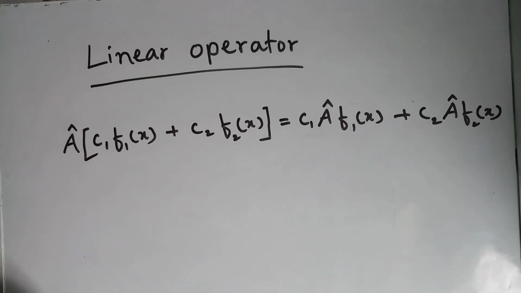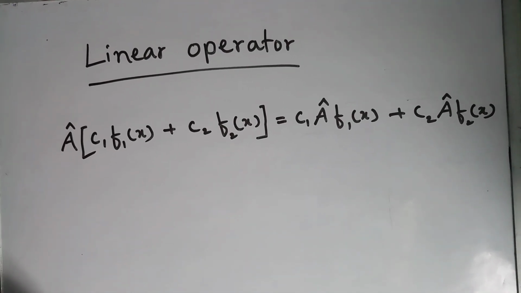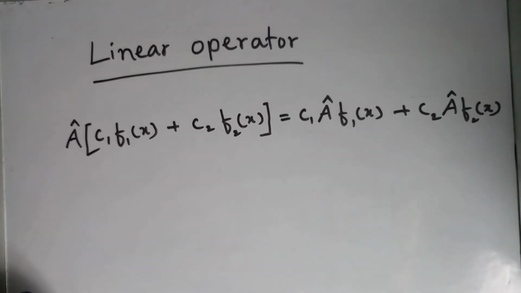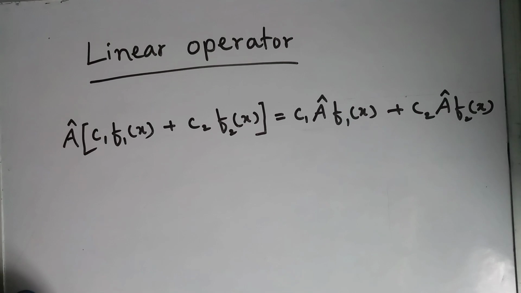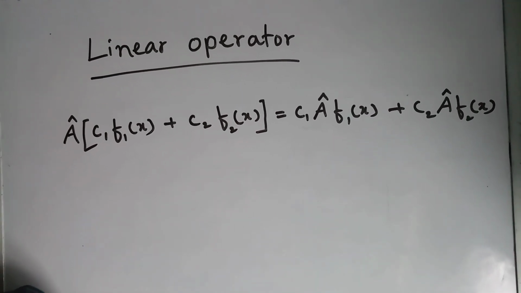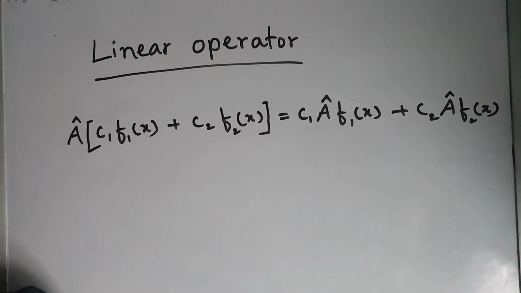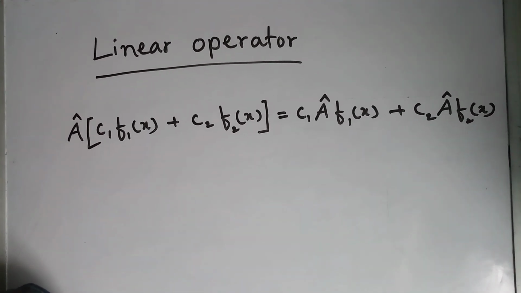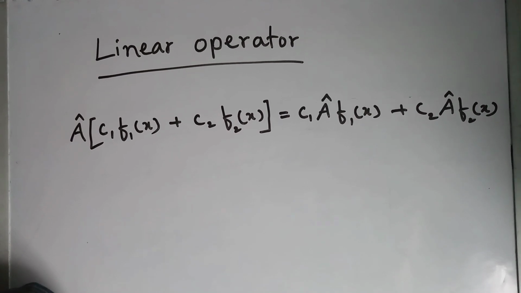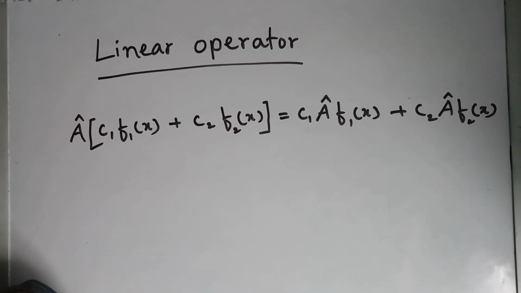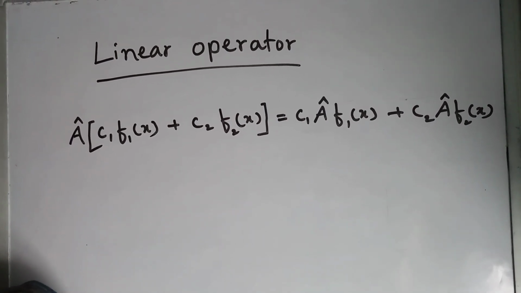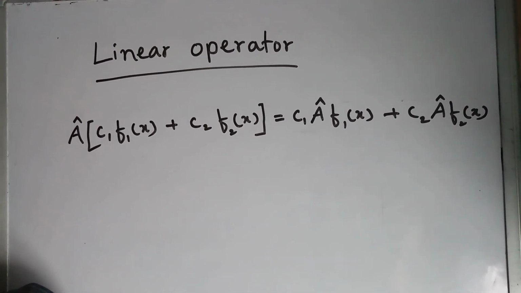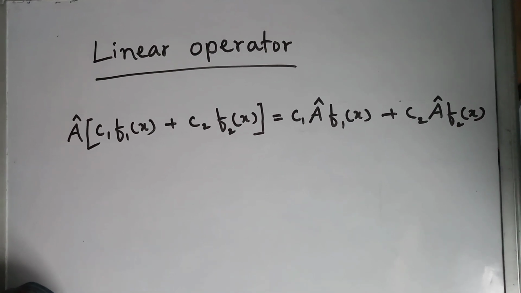What is a linear operator? An operator is said to be linear when it satisfies this equation. Suppose I have taken the operator as Â, then your satisfiable equation should be Â[c1 f1(x) + c2 f2(x)] = c1 Â f1(x) + c2 Â f2(x).